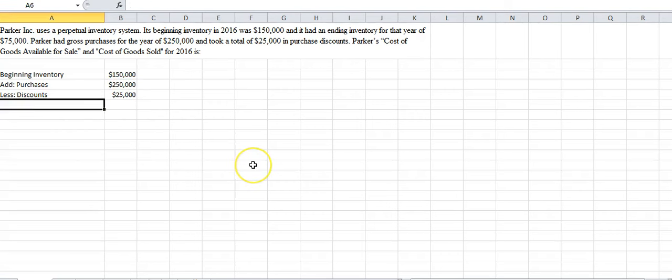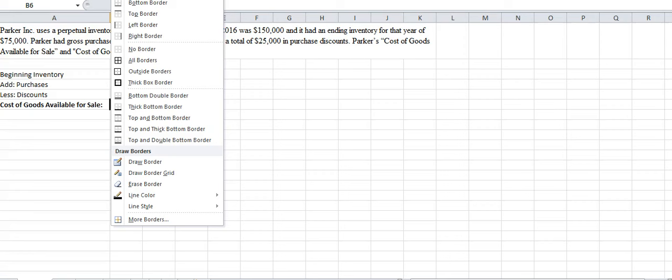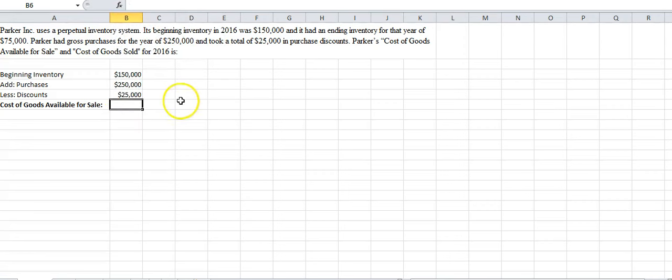Okay? So cost of goods available for sale is, let's make this nice and neat, 150,000 plus 250,000 that you purchased.